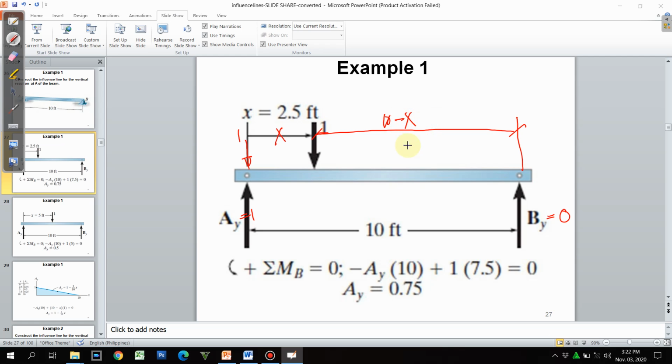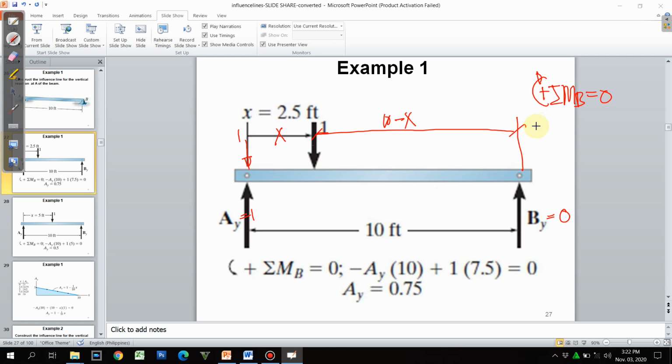If we are concerned with the reaction at A, we'll just have to take summation of moments along B to get A in terms of x.